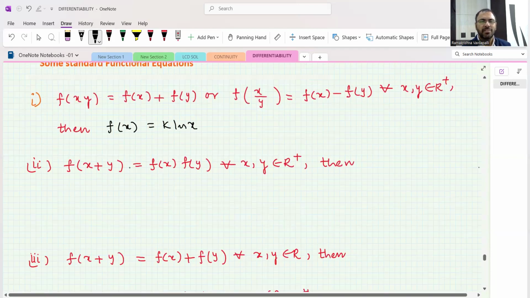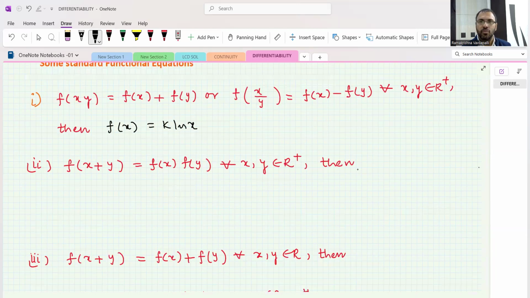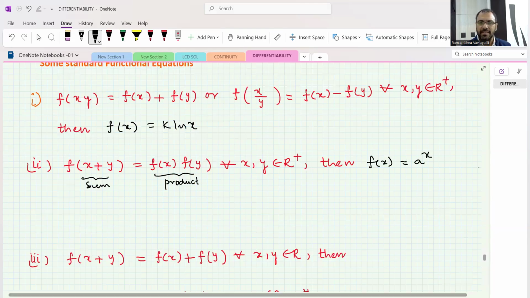Now f of x plus y is equal to f of x into f of y, converting a sum to a product. So this is nothing but f of x equal to an exponential function, a power x.